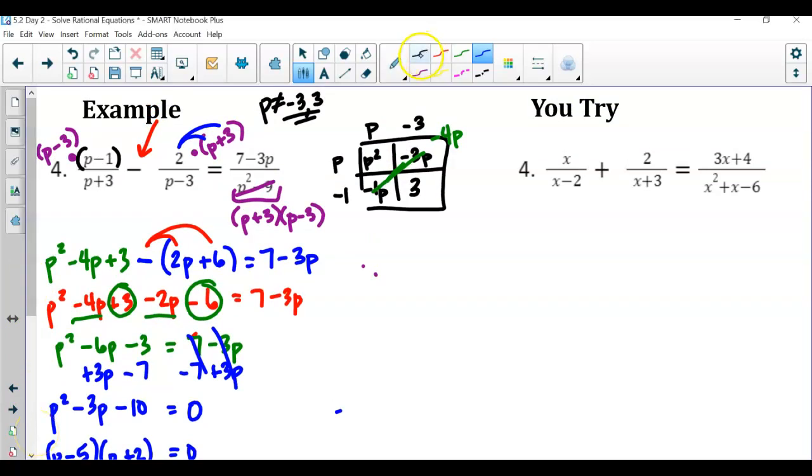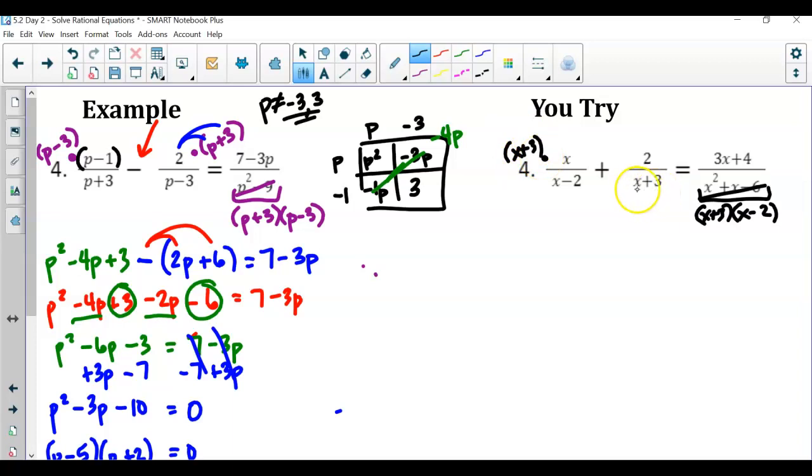With our last problem here, I notice that I could factor this denominator. If I factor it, I would have x plus 3 times x minus 2, because these two factors multiply to get negative 6 and add to get 1. That means if I have x minus 2 here, I could multiply the first rational expression by x plus 3.